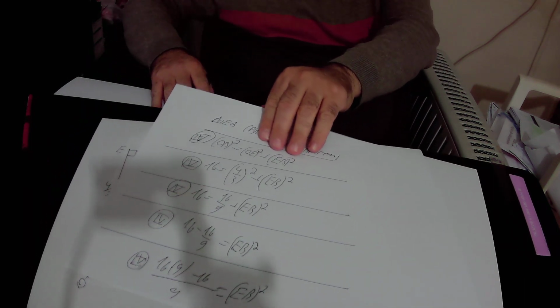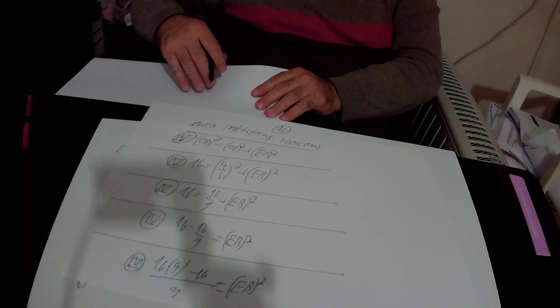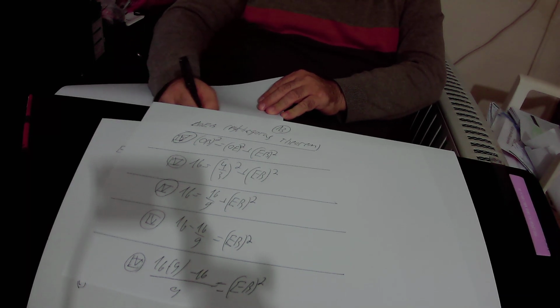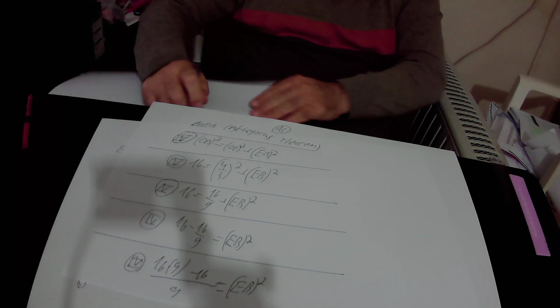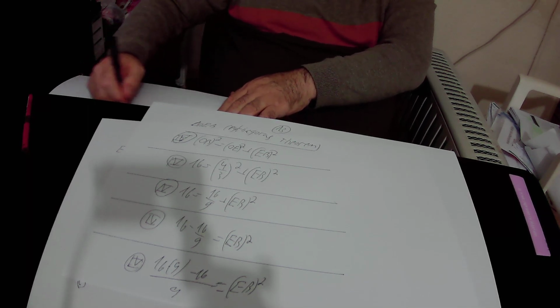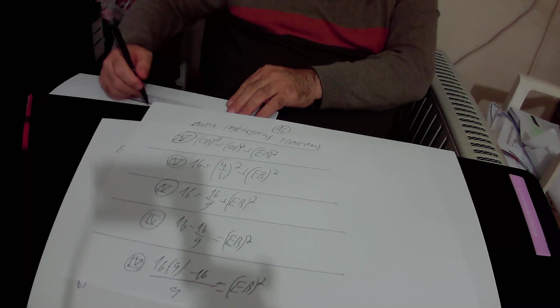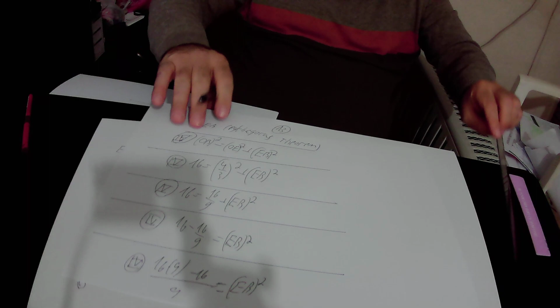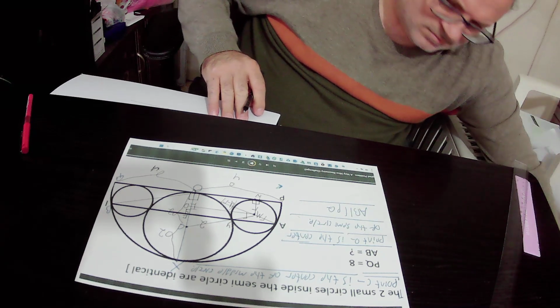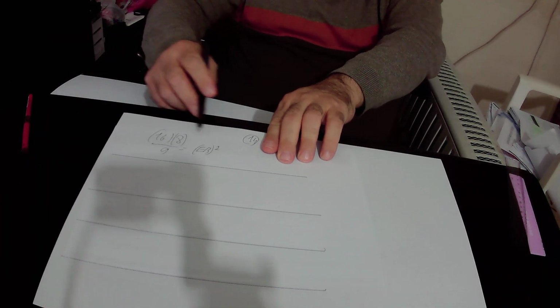Here 16 times 9 minus 16 is 16 times 8, so 16 times 8/9 equals EB squared.